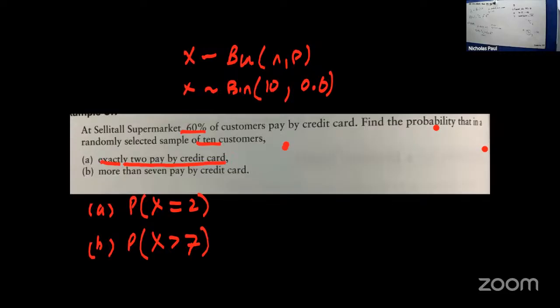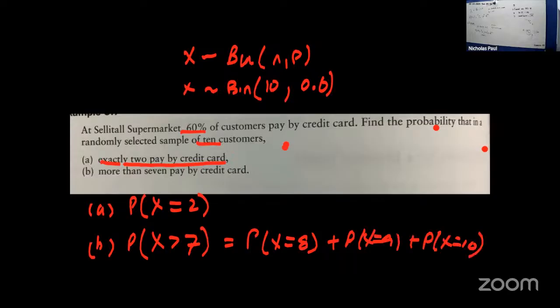Because the formula I gave you only works for equal to. What does more than 7 imply? So more than 7 means you have to find the probability for 8, the probability for 9, and the probability for 10.